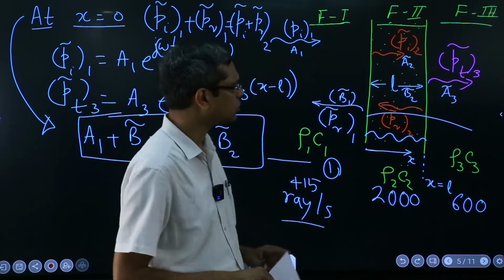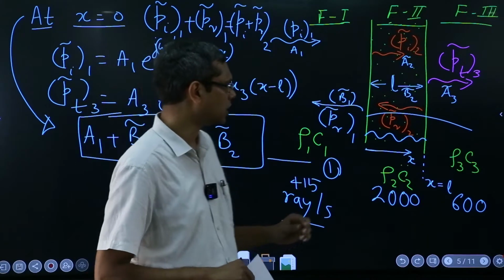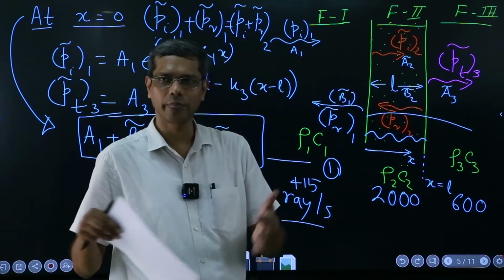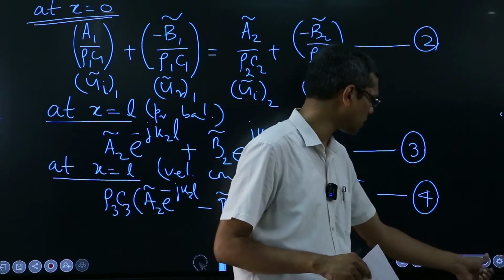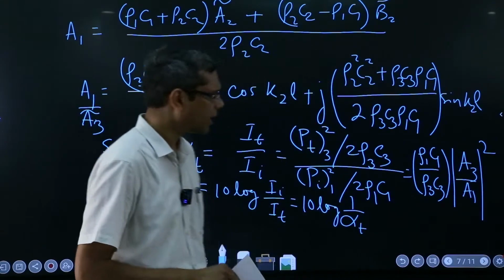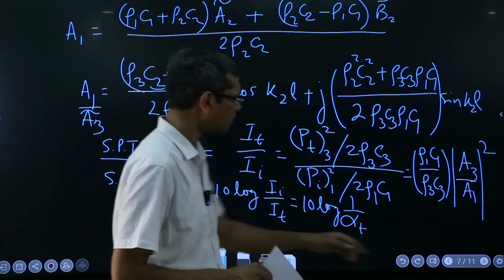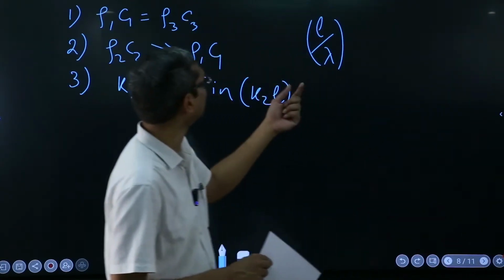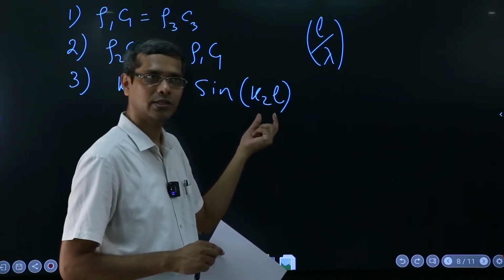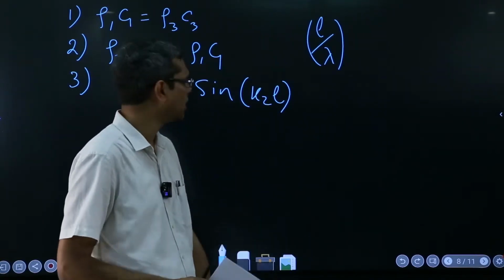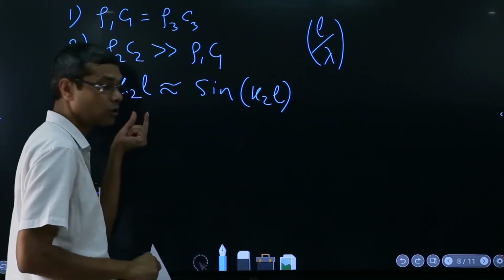So you should always be very careful about using adjectives like small and big and far and near. You should always keep in mind that K2L is a non-dimensional quantity which gives you the idea of smallness as a whole.